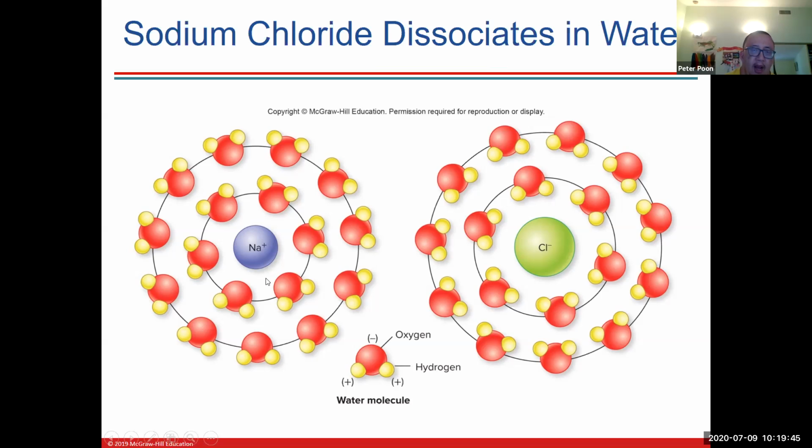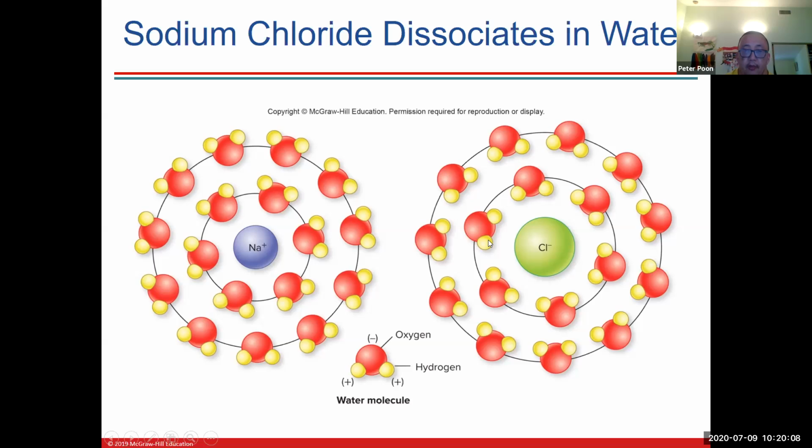So you have a sodium here. The positive charge of the sodium is being wrapped around by the oxygen part of the water. It actually forms these shells called hydration shells. The chloride does the same thing, but with the positively charged side.